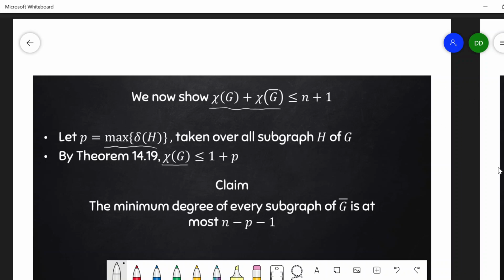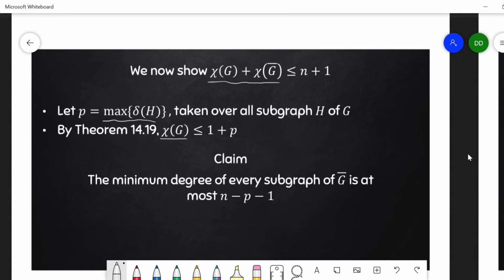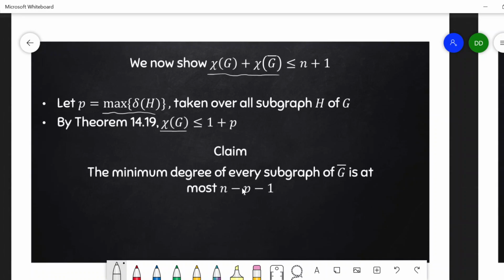And my claim here is that if P is the maximum of the minimum degrees over all those subgraphs of G, then the minimum degree of every subgraph of G complement is at most n minus P minus 1. From this, it'll follow that the chromatic number of G complement is less than or equal to n minus P minus 1.